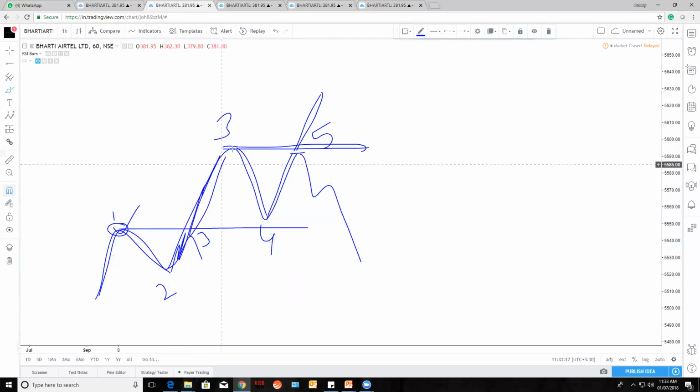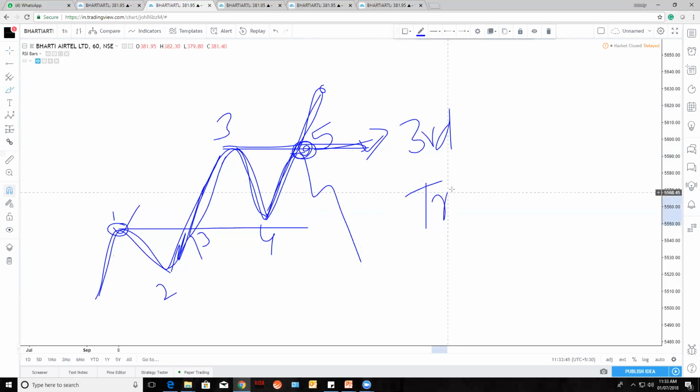And after the third, there is a correction, the fourth wave. For the fifth wave, it may go above the third wave, or it can come down before entering the high of the third wave. So when it is not crossing the third wave, it is called a truncation. Truncation means failing to go beyond the third wave.